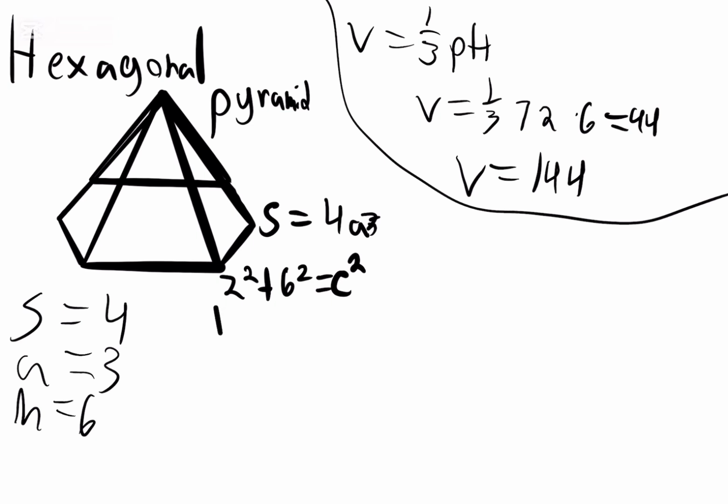So, S equals L plus B, which would equal 80.4 plus 72, which would equal 152.4.